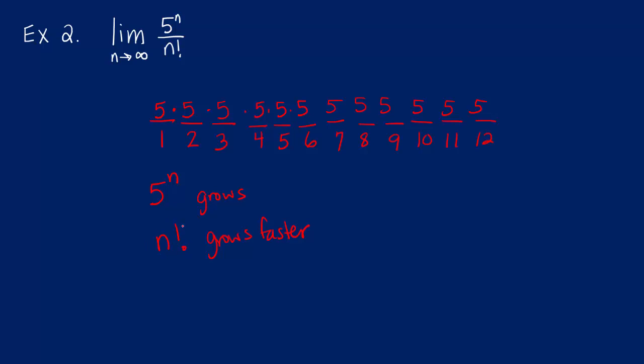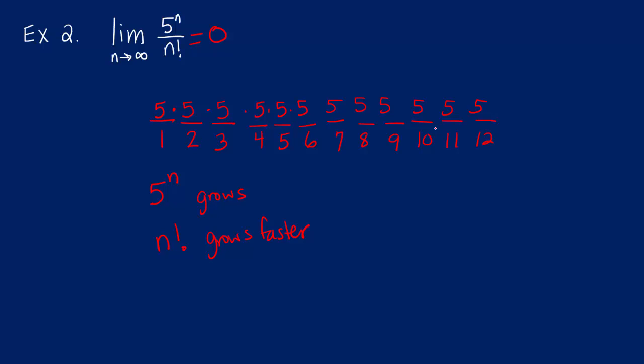And if the denominator is growing faster than the numerator, right? And I want to go all the way out here and look at what this giant multiplication problem would be. Wouldn't the bottom be so much bigger than the top that that would be the same thing as saying 0?